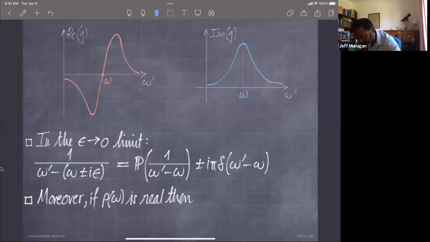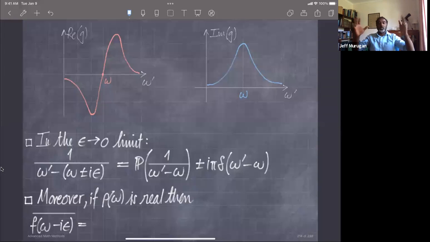If I take this function f of omega minus i epsilon, and I calculate its complex conjugate, and that is the complex conjugate of that whole integral.